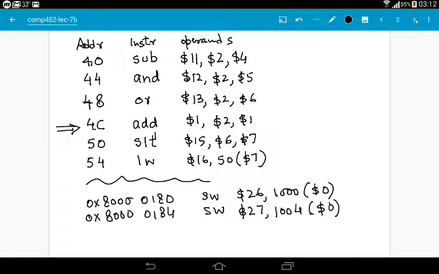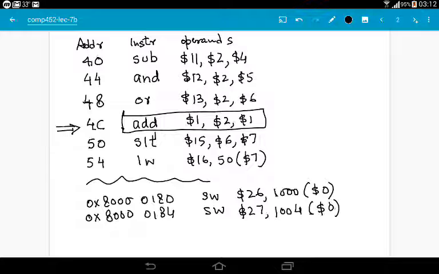So we have to show what happens when an exception occurs in this add instruction. Now this add instruction will go from the fetch stage to decode stage and then to EX stage, and in EX stage when the ALU performs addition, let's suppose that it detects an arithmetic overflow.